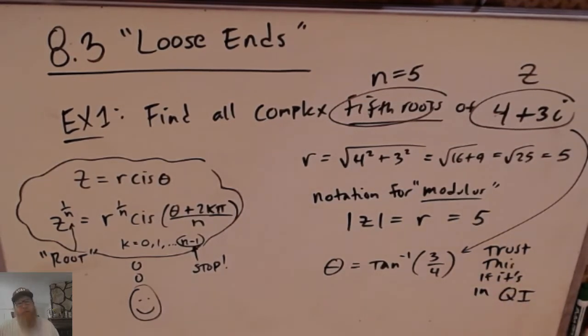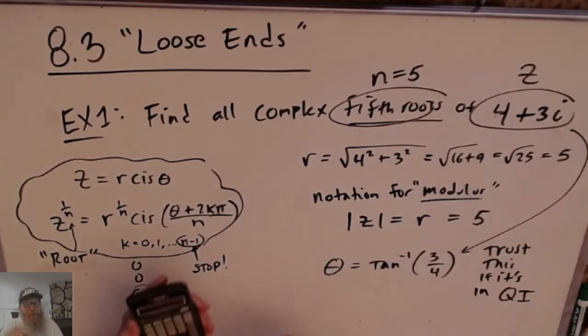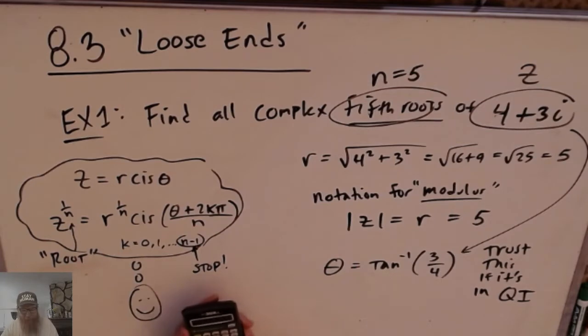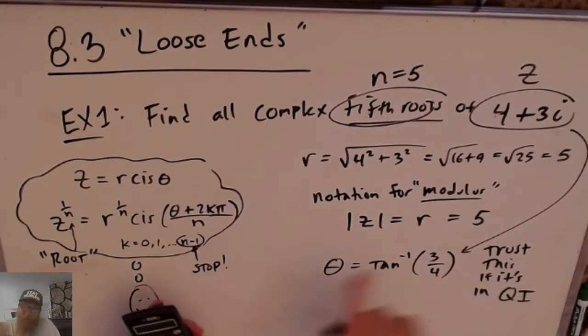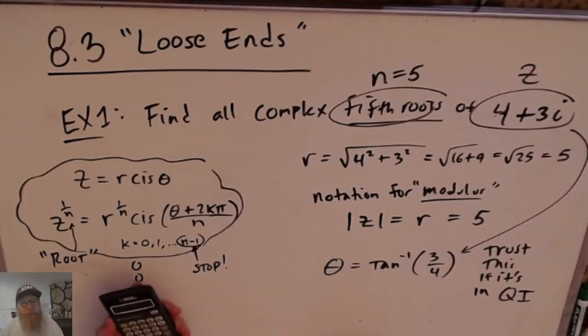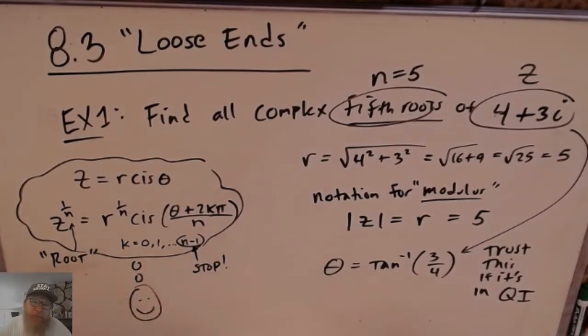In this example, I picked a complex number in quadrant 1, which means that your calculator will give you the value. If it's in one of the other quadrants, then you need to draw a unit circle or do some geometry in your head. I like to draw the picture, and then you can figure out what the correct angle is.